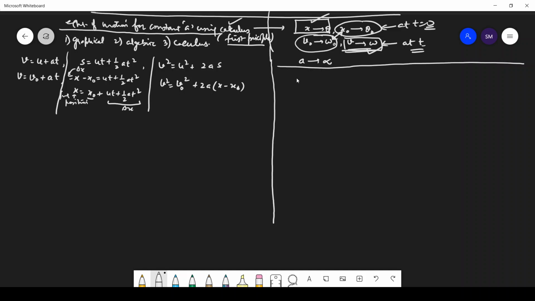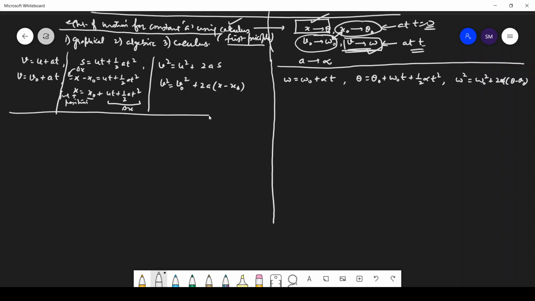First one: omega is equal to omega naught plus alpha t, and theta is equal to theta naught plus omega naught t plus half alpha t square. Then we have omega square is equal to omega naught square plus 2 alpha into theta minus theta naught. So these are the three equations of motion.